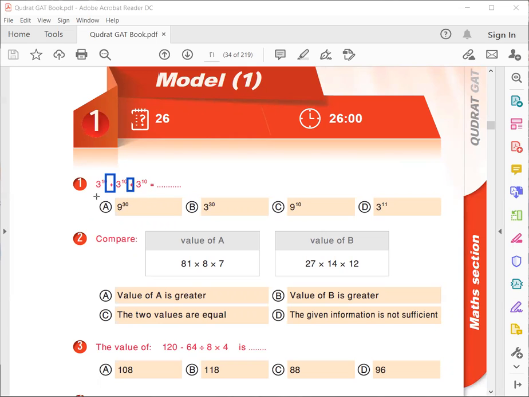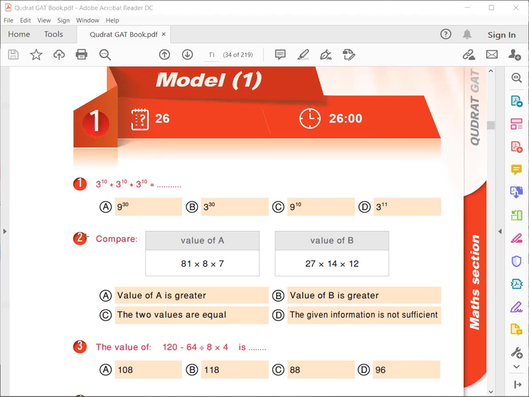If you have multiplication, you add the exponents. Now I have addition here, so I can't add the exponents, because the rule is that with products, you add the exponents.